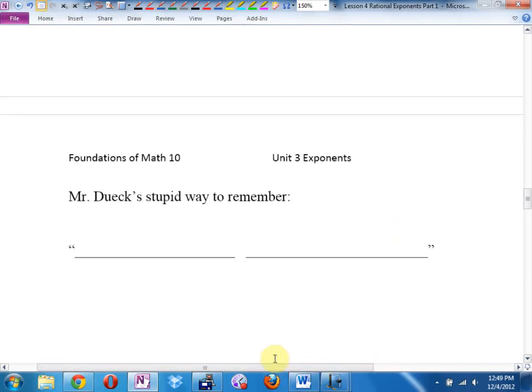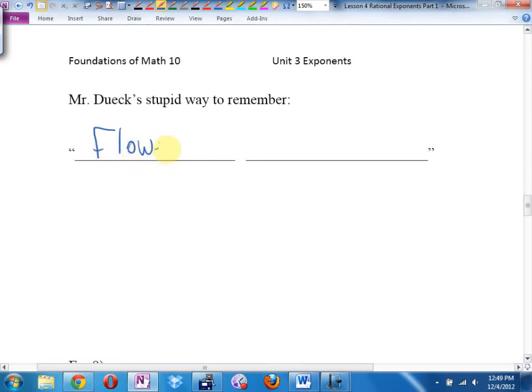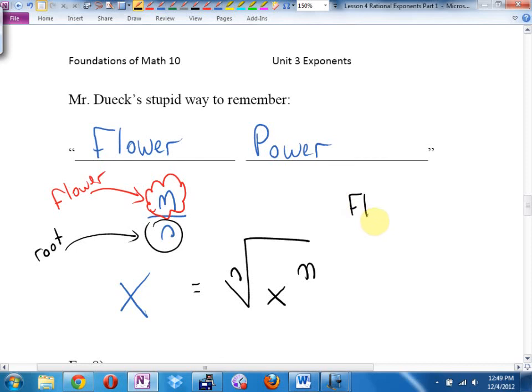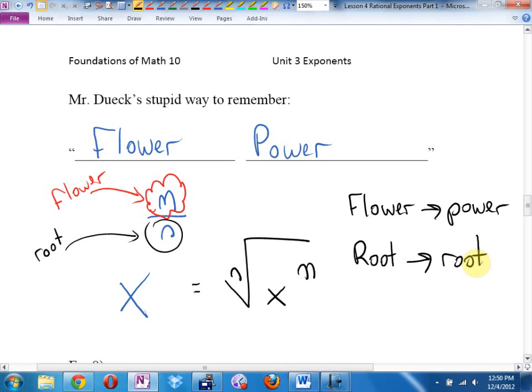Here's Mr. Duick's stupid way to remember. Think of the fractional exponent like a little flower, with the top being the flower poking out of the flower pot, and the n being inside the flower pot, the root.